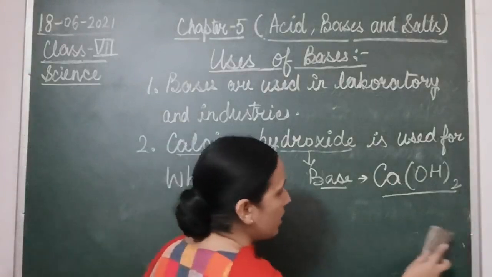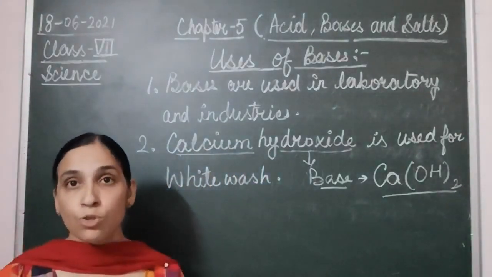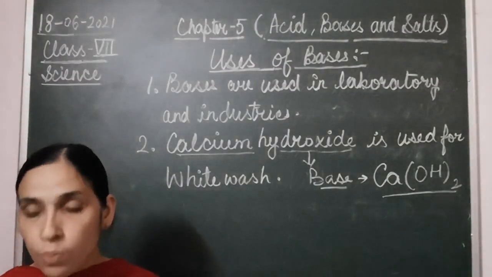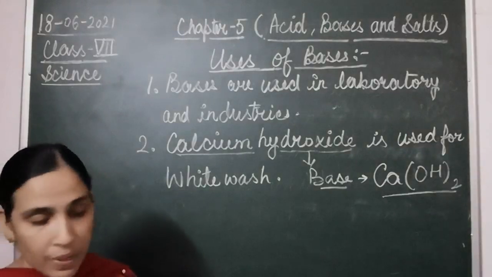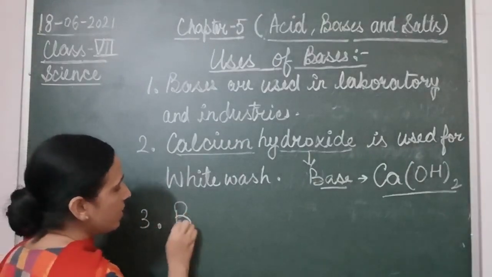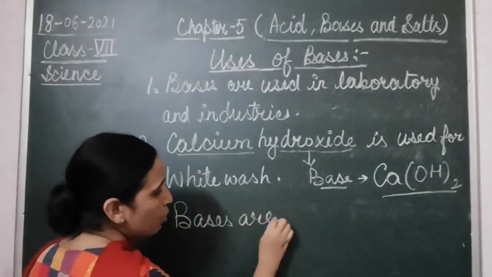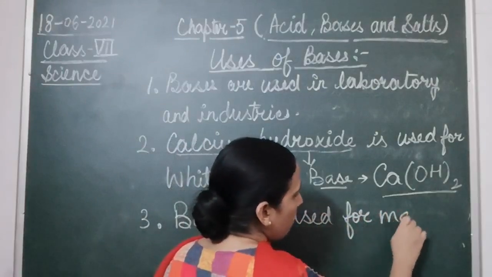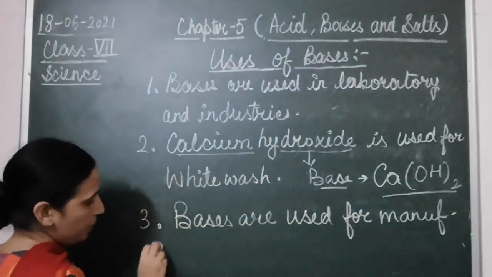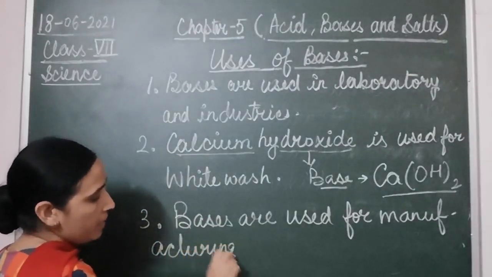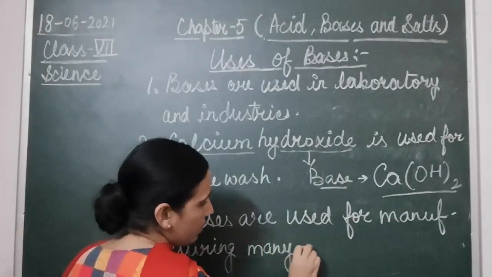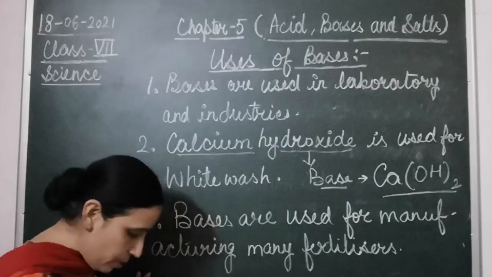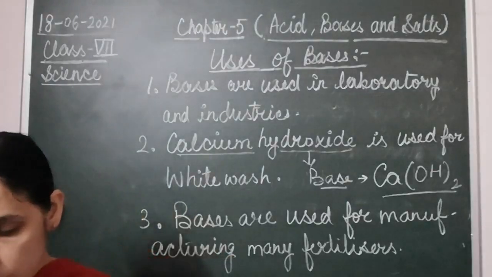Caustic soda, also known as sodium hydroxide, is used for manufacturing bleaching powder, paper, soap, synthetic fibers, etc. Bases are also used for manufacturing many fertilizers, like ammonium nitrate.